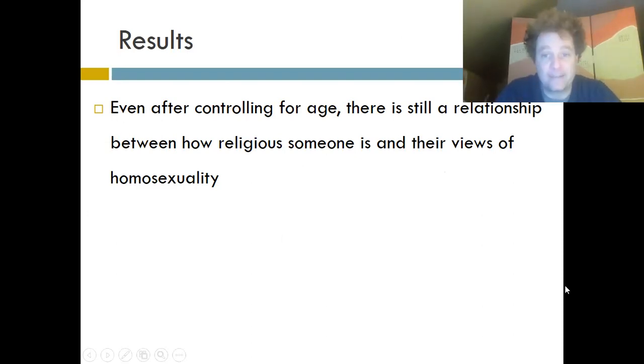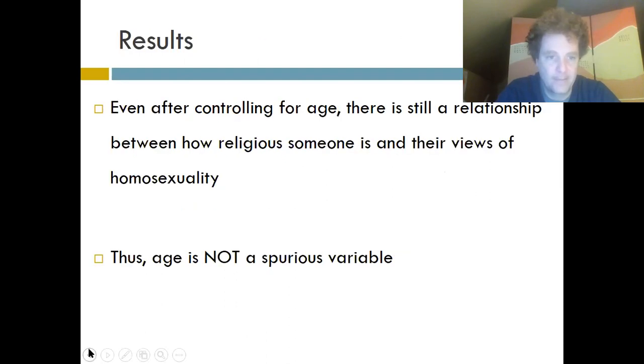So what does this mean? This means that age is not a spurious variable. We have eliminated the possibility of age being a spurious variable.